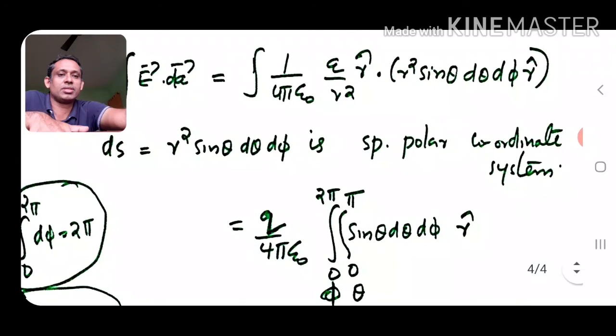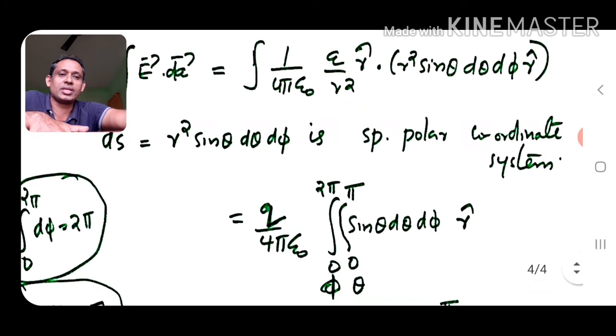So this is q by 4 pi epsilon 0. The r square cancels. Sine theta d theta d phi, with theta from 0 to pi and phi from 0 to 2 pi.